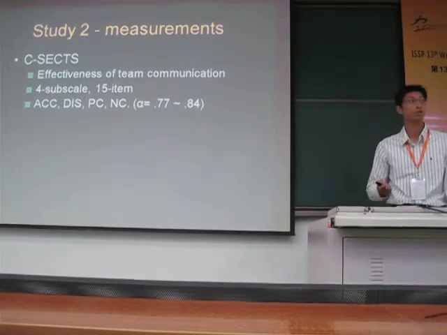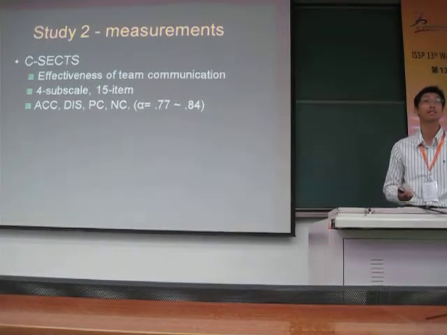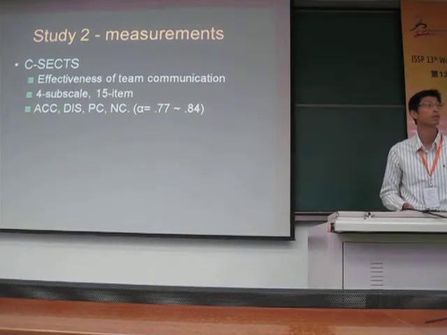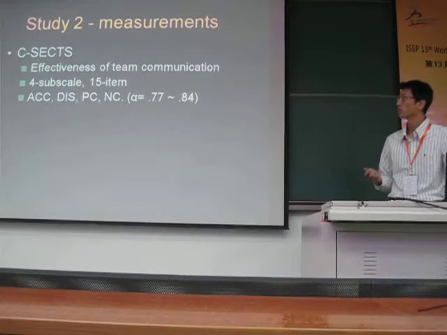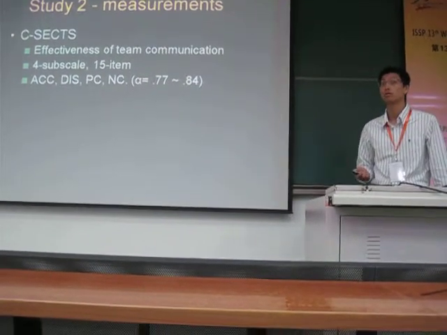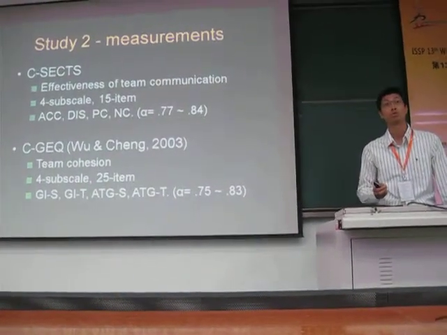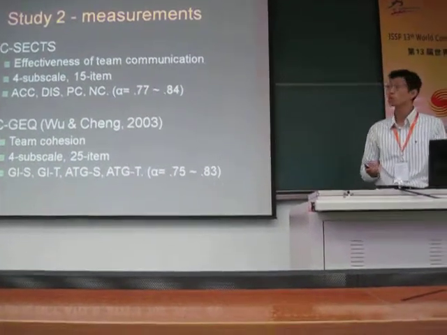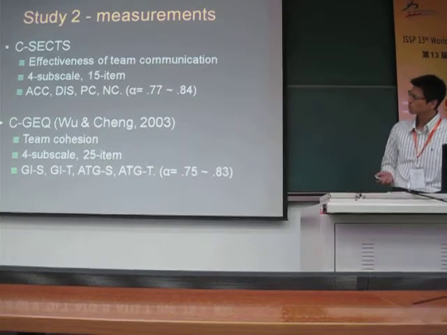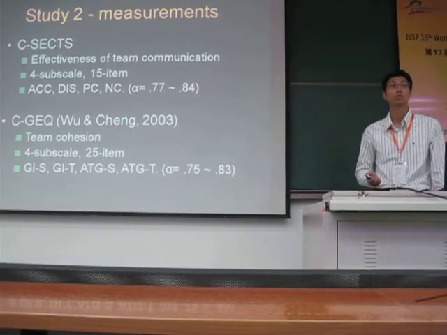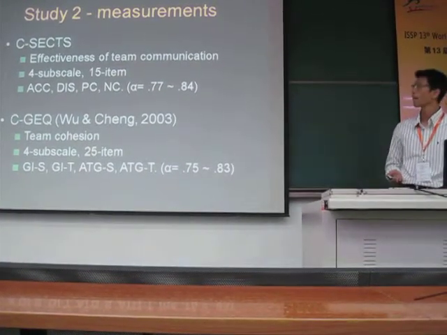We use the Chinese version of SECTS from our study 1 to measure the effectiveness of team communication. And we use a Chinese version GEQ to measure team cohesion. Data in all subscales revealed good internal consistency.